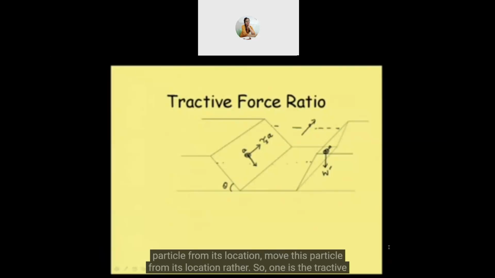So one is the tractive force, which is tau s into A. Another is the force trying to move it along the slope in the downward direction because of gravity, and that gravity is basically the weight of the particle. If I draw a normal to this particular slope, then the angle between this line and the normal will be theta.